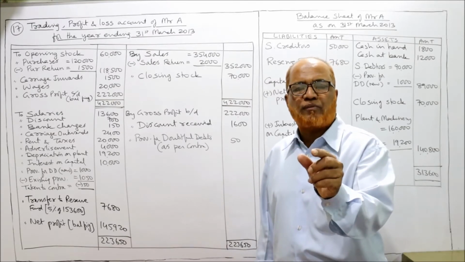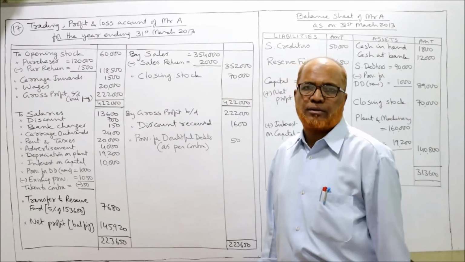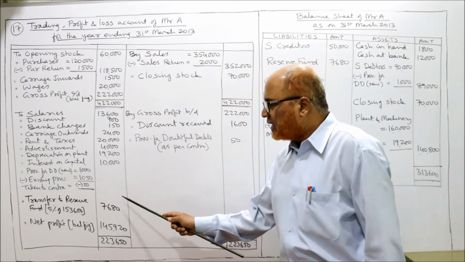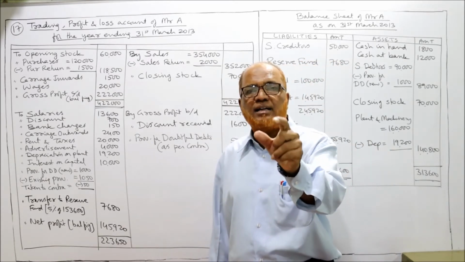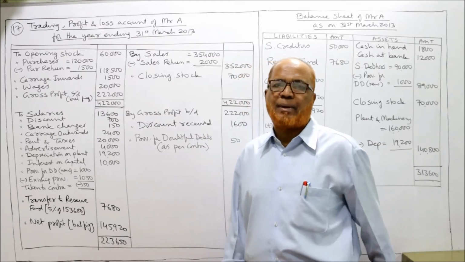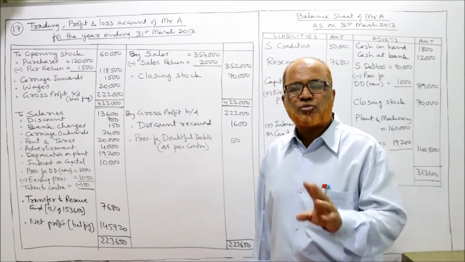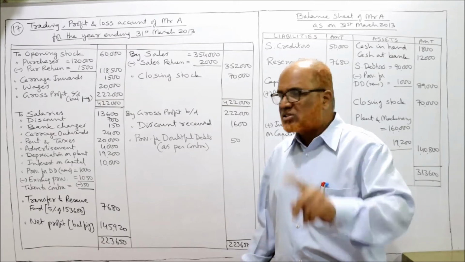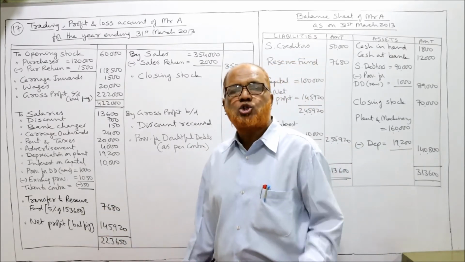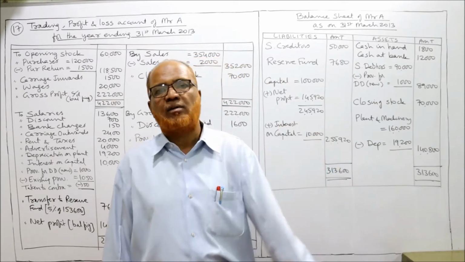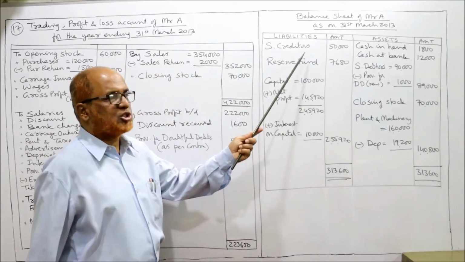This is the net profit transferred to capital account. And this transfer to reserve fund, the reserve fund item will be taken on the liability side of the balance sheet. Already you know adjustment items will appear twice. Once we have debited to profit and loss account, again this reserve fund should be shown on the liability side of the balance sheet. Now I am coming to the balance sheet.